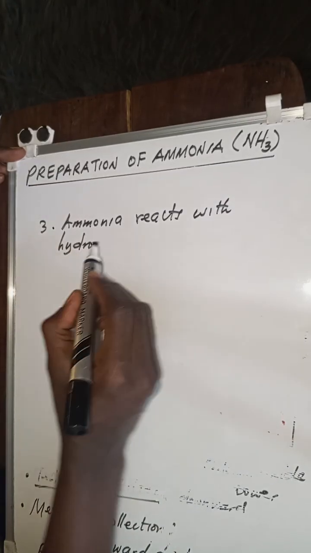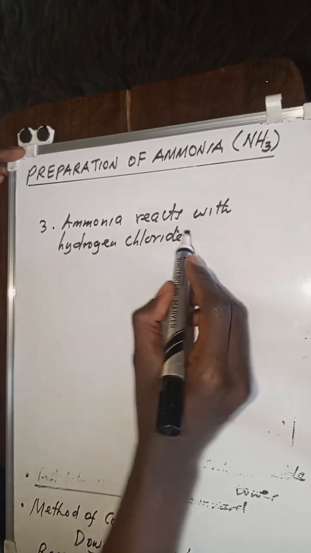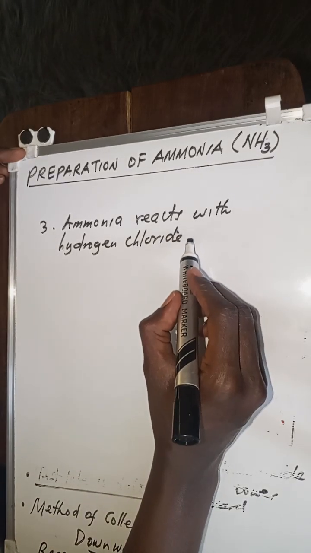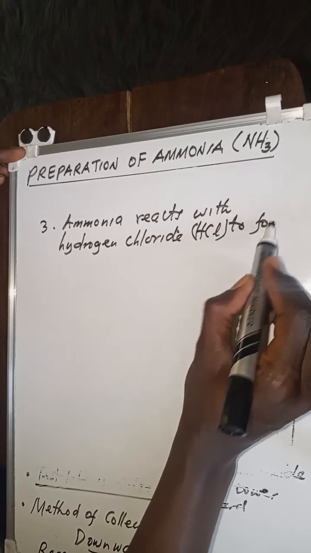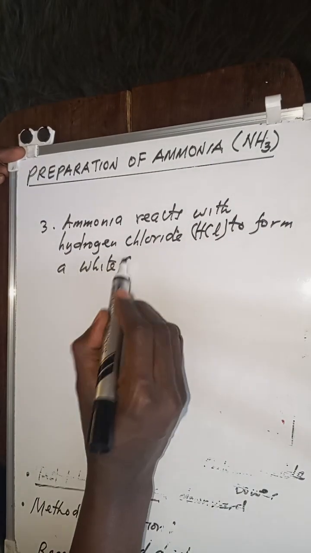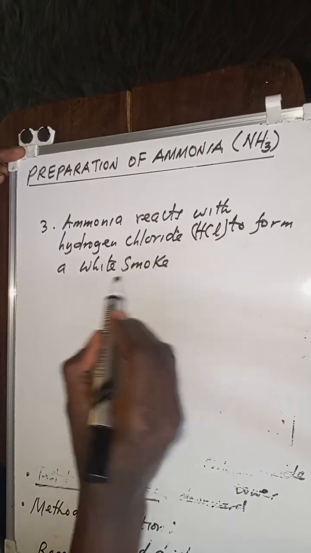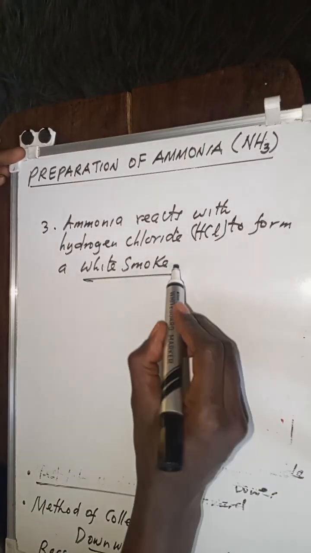Ammonia is also capable of reacting with hydrogen chloride to form a white smoke. That white smoke that is formed is what we call ammonium chloride.